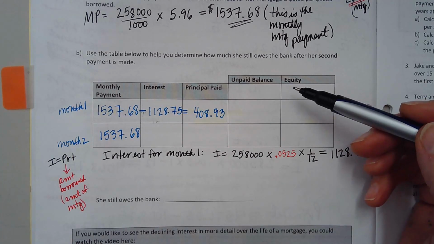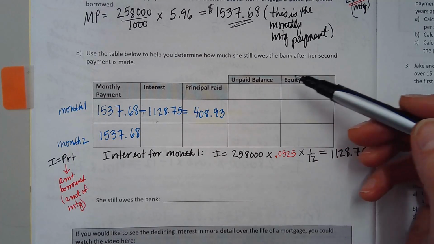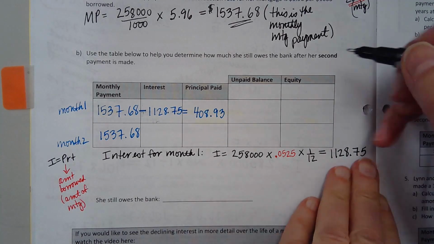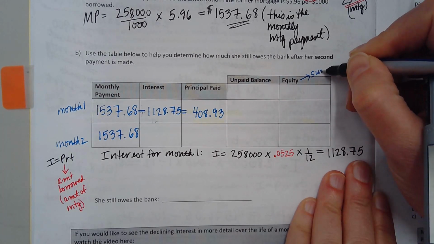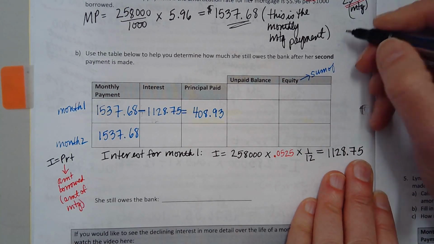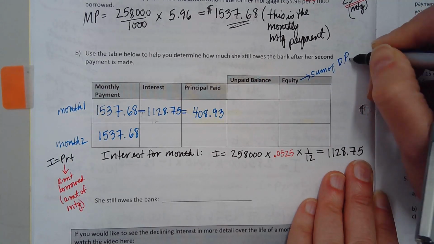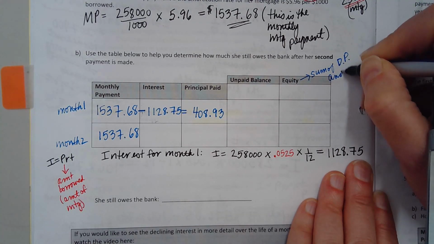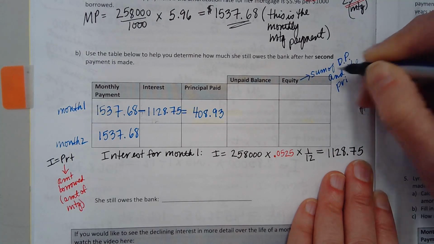So actually what I need is I need to figure out what my unpaid balance is at the beginning and what my equity is. And equity is the sum of the down payment and the principal payments, right? The principal paid.